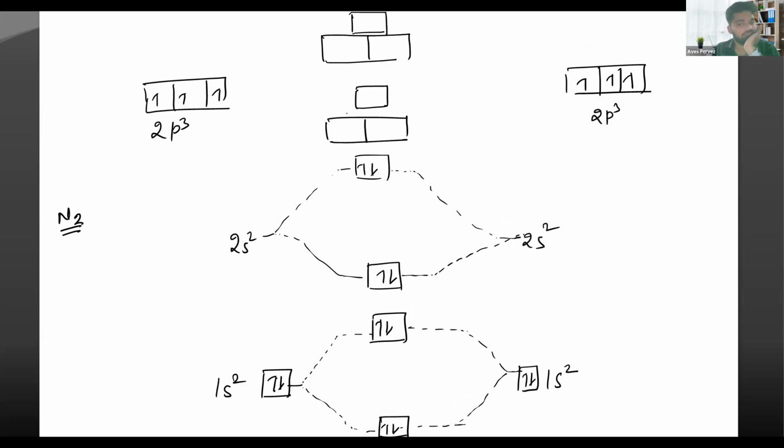Got it? Then here is 2px, 2py, 2pz. Here it is 1, then 2, then 3, then 4, then 5, then 6. Got it?